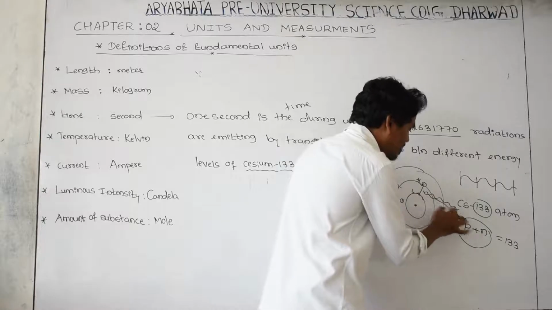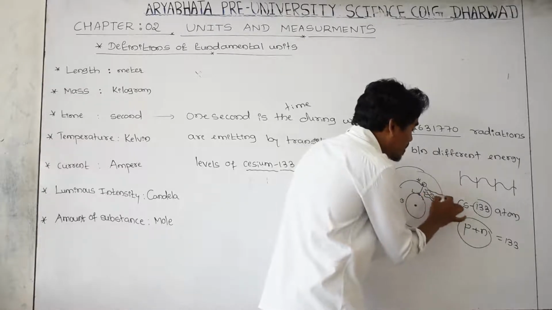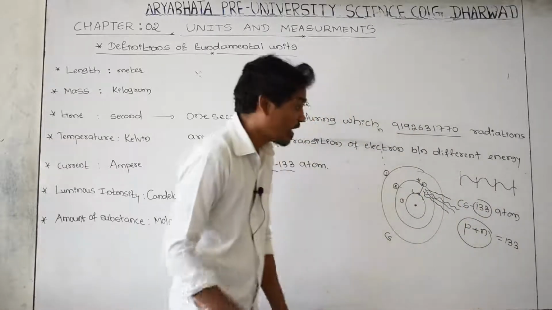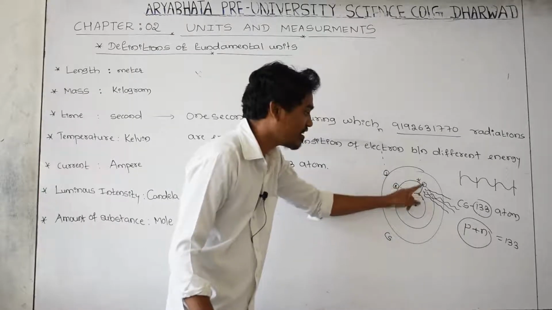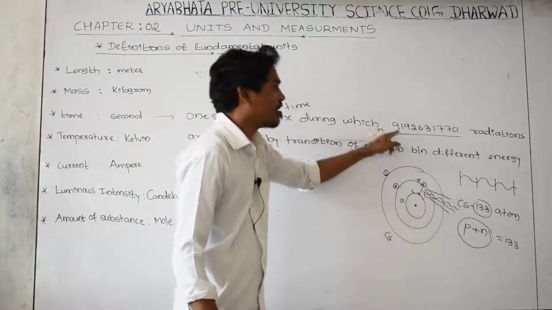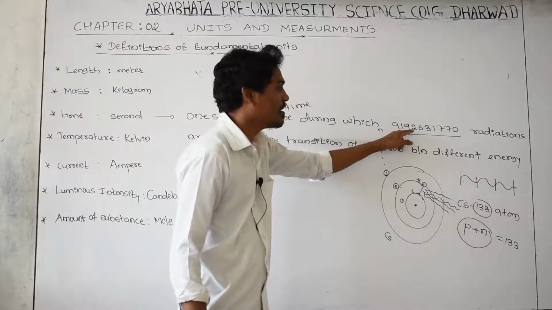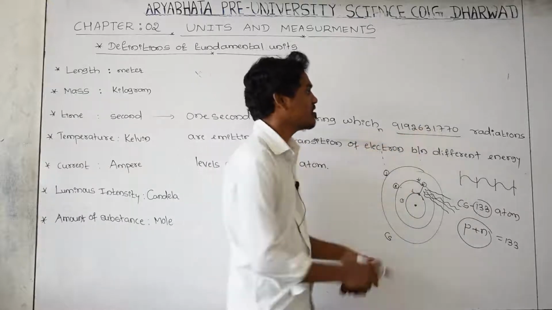How many radiations have to come out from the cesium atom when the electron is making the transition between different energy levels? 919 crore 26 lakhs 31,770.